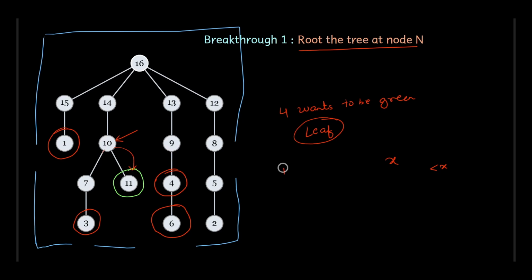But if something greater than 11, suppose it is 13, has the power of killing 11, why doesn't it have the power of killing 10 as well? So this means that 10 never stands a chance of becoming a leaf vertex, or becoming a green vertex, I should say.